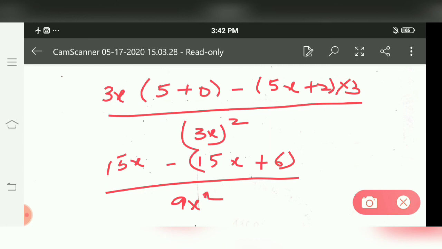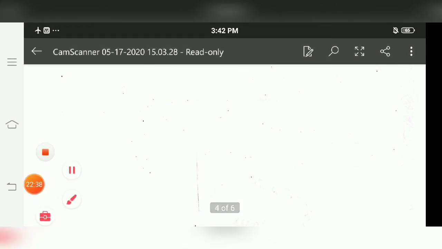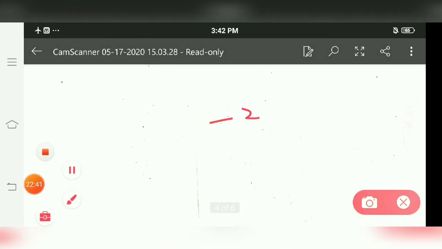If I open the bracket, this becomes negative and this is also negative, so they cancel with each other. This is also going to be negative. We get minus 6 by 9x square. This is 2, this is 3. 2 by 3 with the minus sign upon x square. So we get an answer of minus 2 by 3x square in the last.